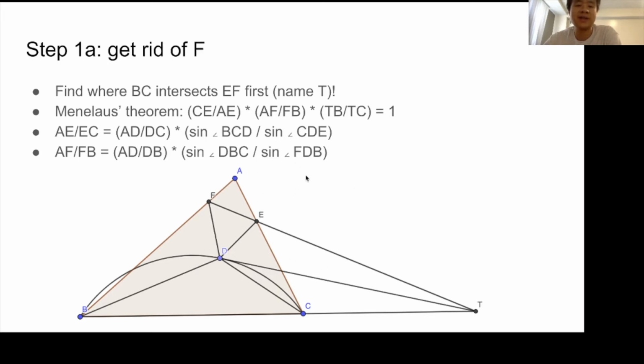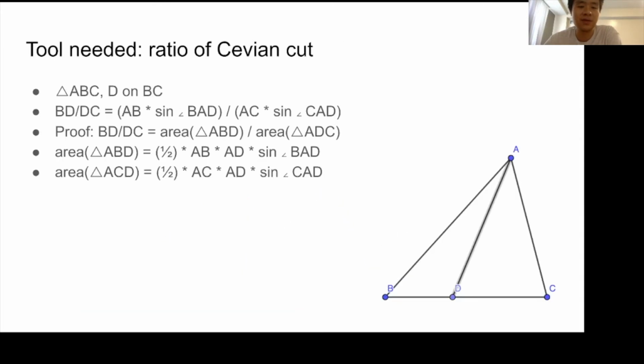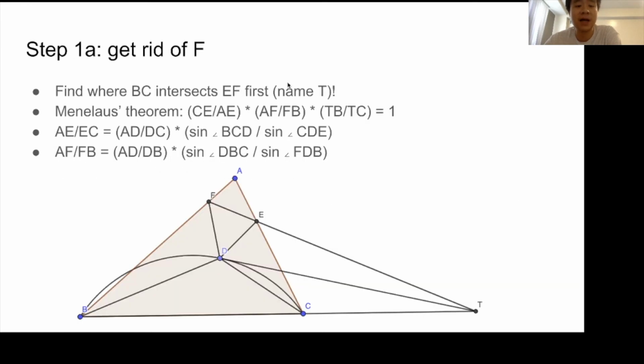But how do we get some of these ratios? In order to do that, we need to go back to this ratio lemma, and then you get things like this: AF divided by FB, and basically all these ratios.